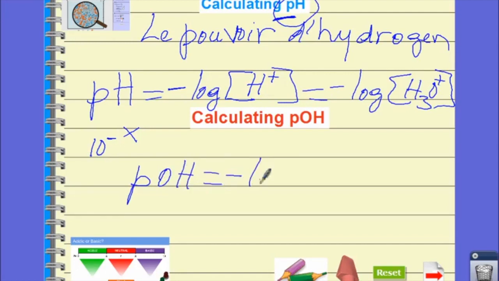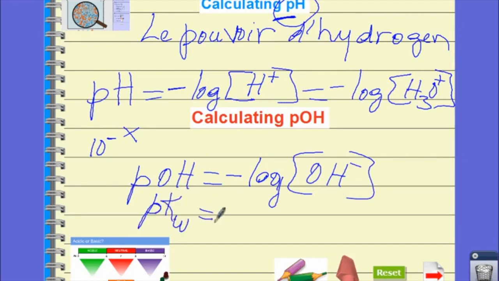The negative log of the concentration of OH minus. PKW equal the negative log of KW. P whatever equal the negative log of that concentration. Okay, let's move on.